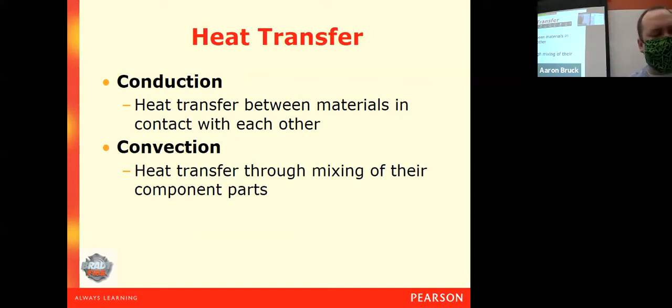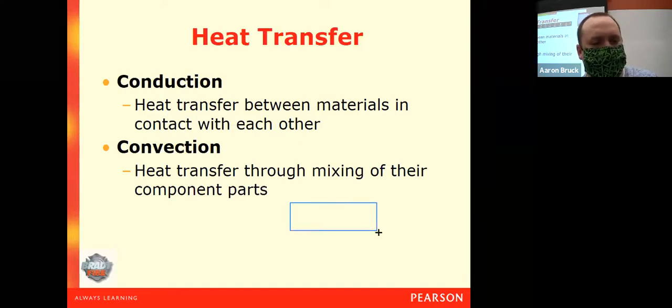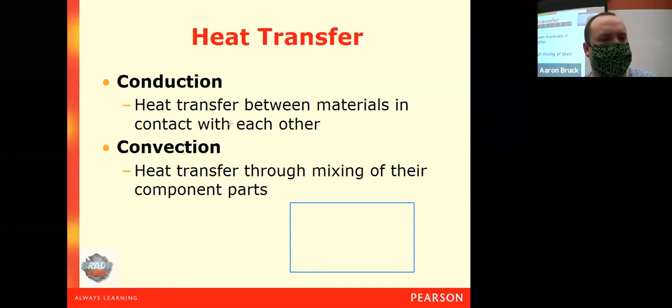So by definition, convection is a heat transfer through the mixing of parts, of components, but it has a directionality to it. So if we draw ourselves a container here, what we will find is that convection will generally pull things in an upward direction.